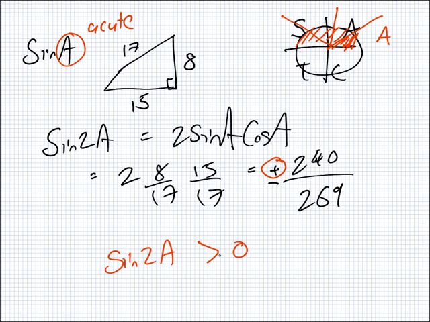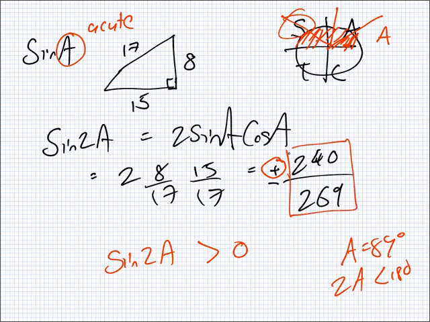It's impossible. Like if A is 89, 2A is still less than 180, so it's still positive. So it has to be this with a plus. 289, is it?